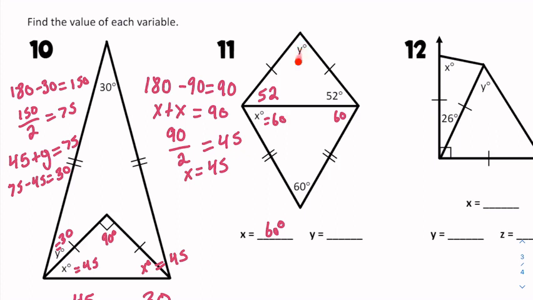I'm going to start by adding both of these angles together: 52 plus 52 is going to give me 104. And then I'm going to do 180, which is the total of all three angles added together, and subtract 104. And that's going to give me my value of 76 degrees. So that means my third angle up here is 76, which is also the value of y.